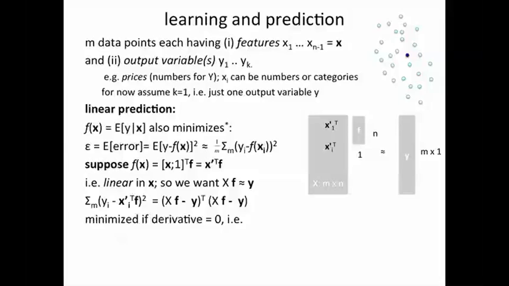The way you would take the derivative is you would expand this out, and you'd get one term which is f transposed x transposed xf. So there are two f's there. So when you take the derivative of that, you'll get twice x transpose xf. And then you'll get two elements where there's a y transposed x into f, or an f transposed x transposed into y.